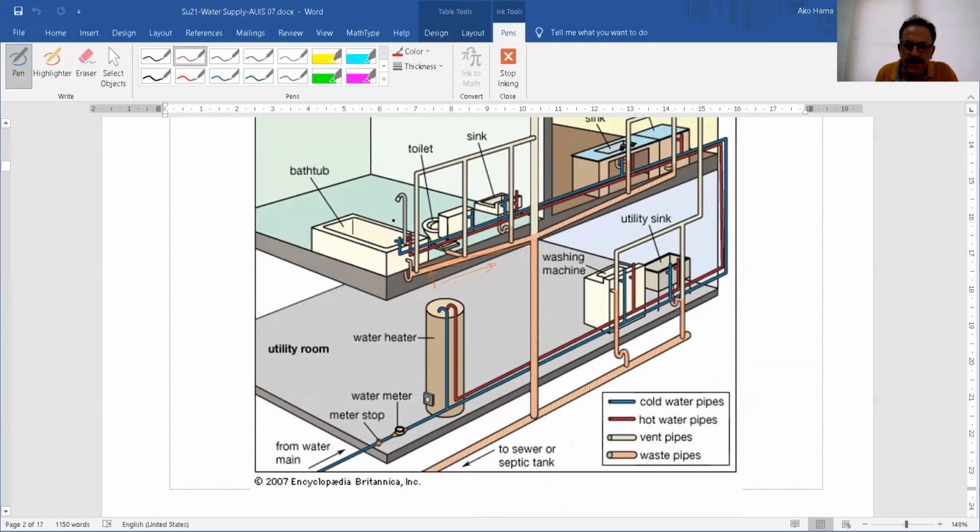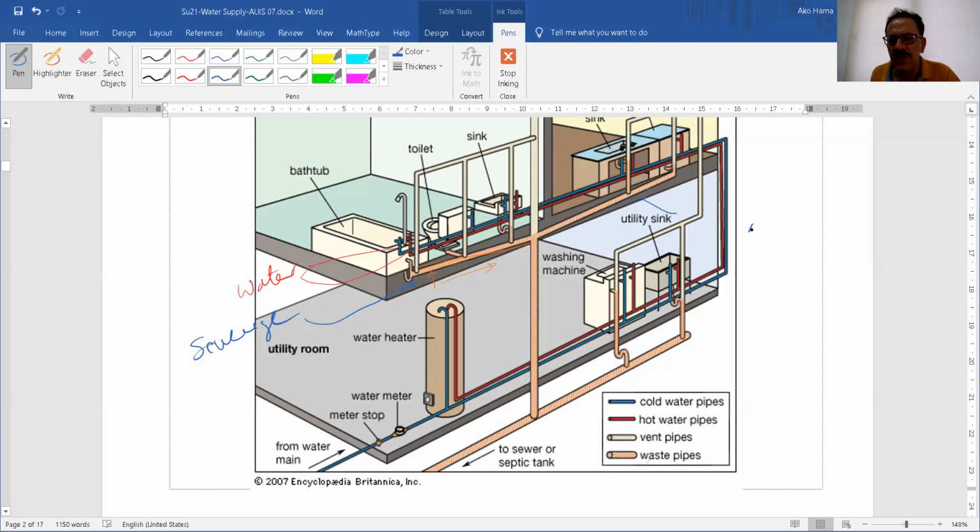Besides the water, these are pipes for water. We also have pipes for the sewage, which are called inside-building sewers. Here's the sewer system. The sewers have to have slopes.